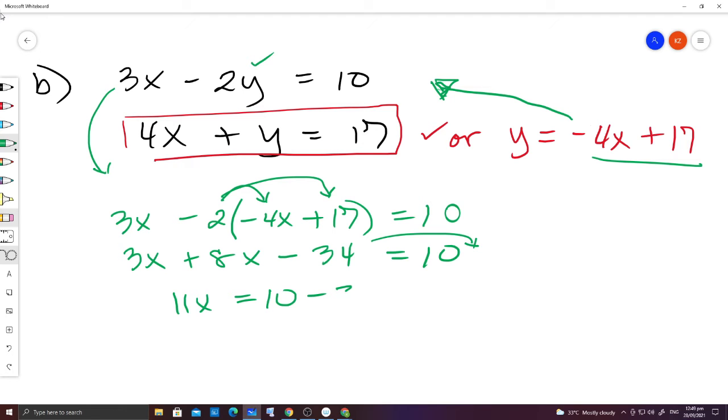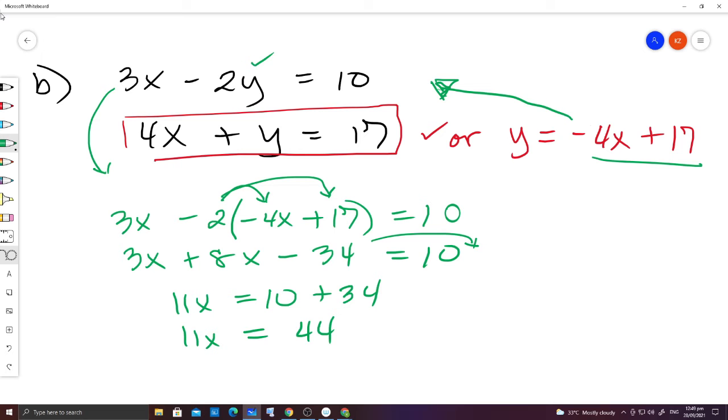What will be the sign once I transfer it or move it to the other side? Plus 34. So we have 11x equals 44. Okay, thank you.